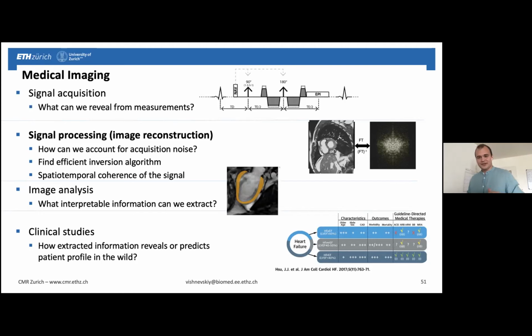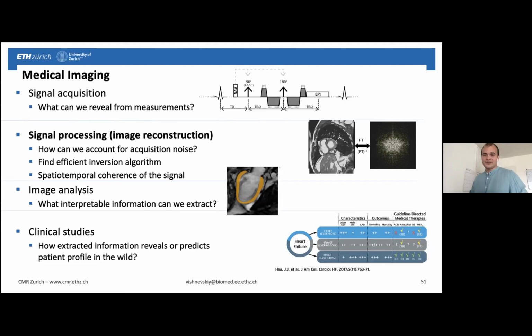At this stage, we don't want to put too much artificial intelligence in here because at the reconstruction stage, we want more low-level knowledge about the image, such as the fact that neighboring pixels are very similar, etc. The artificial intelligence part comes after image reconstruction. It's called image analysis, for example, segmenting the image of the heart.